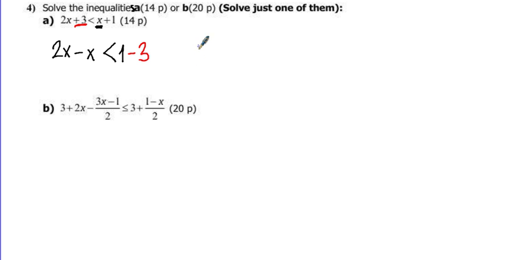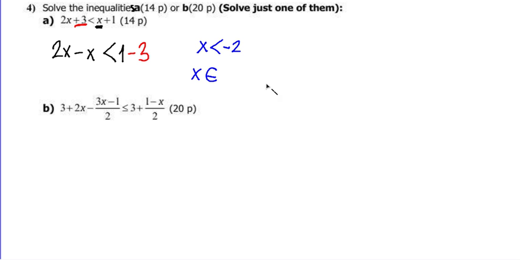If I continue, I have x less than negative 2. But this is not enough answer yet. So x less than minus 2. What does it mean? I have to show an interval method, and I have to show it on a number line.